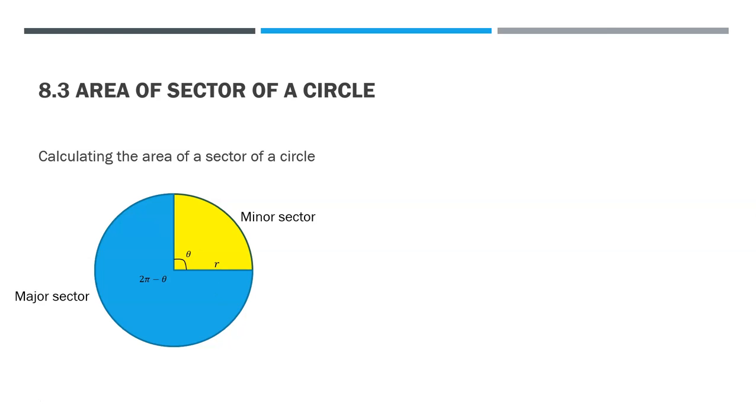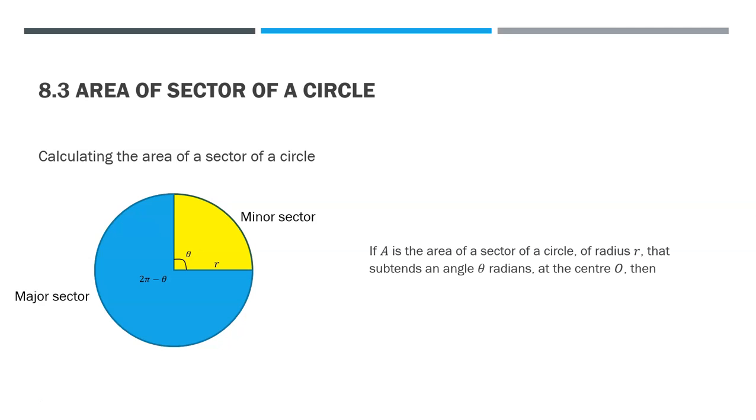So when the radius is r, how do we find the area? Same thing, we are going to use ratio as well. So the ratio for the minor sector is defined as area of sector over area of circle equals the angle theta over 2 pi.